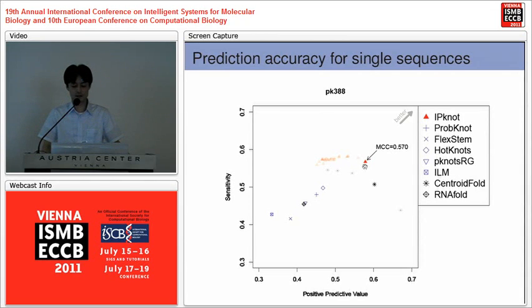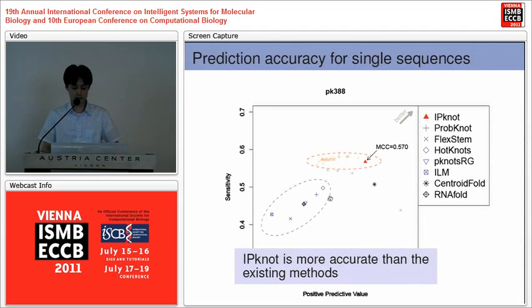And the dense point indicated by an arrow is the highest MCC among all the parameters. And these blue points are the accuracy of the existing methods for pseudoknotted structures, and these black points are those for pseudoknot-free structures. This graph shows that IPknot around here is more accurate than the existing methods.